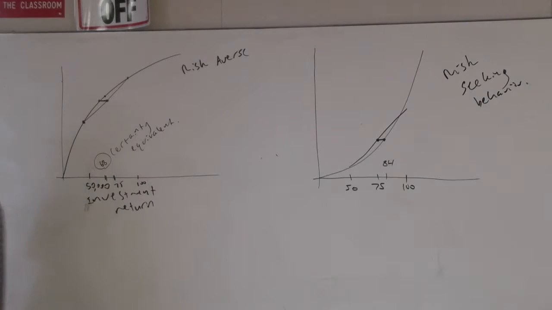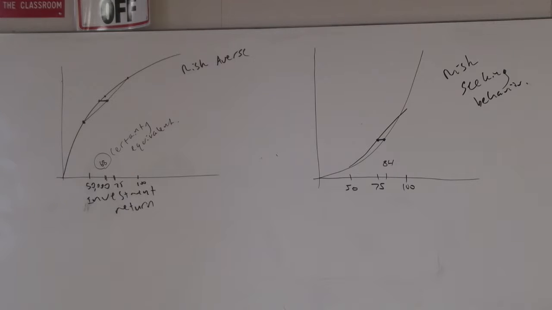And so the border case is where the utility curve is in fact linear. And to this person, he's getting $50,000 one time and $100,000 the next time. And he knows he's not going to make 75,000 guaranteed. But to him, it just kind of feels that way, right?